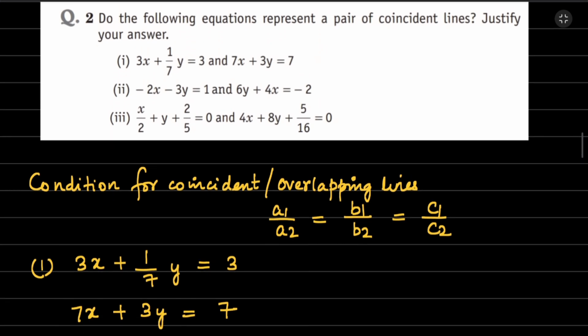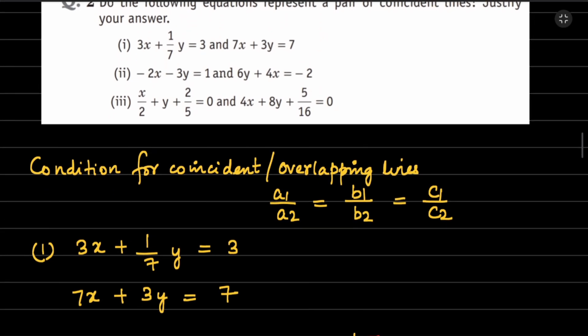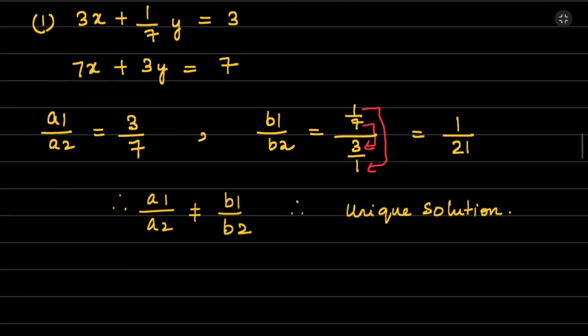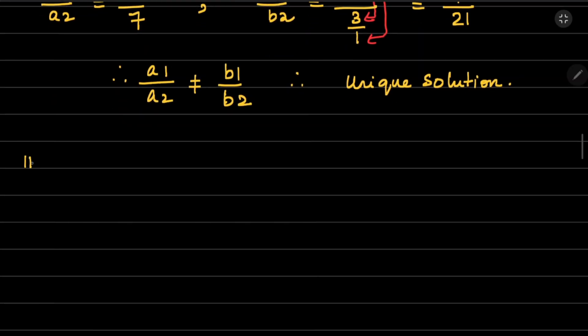Let's move on to the second question. Let's write it: minus 2x minus 3y is equal to 1, and the next equation is 6y plus 4x is equal to minus 2.